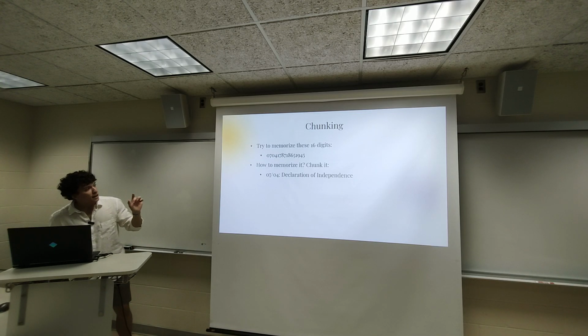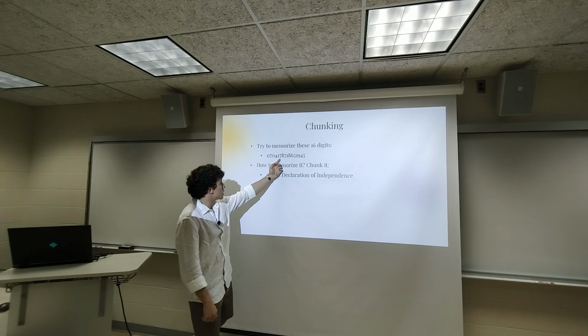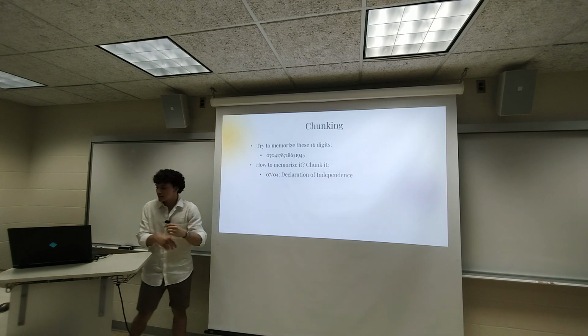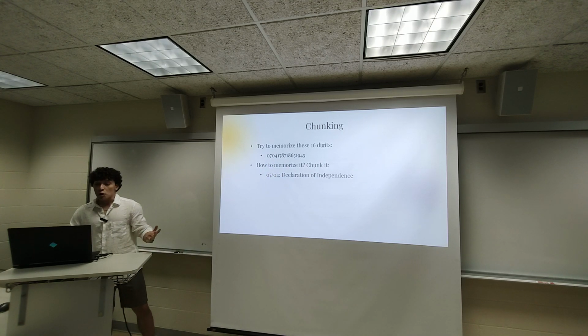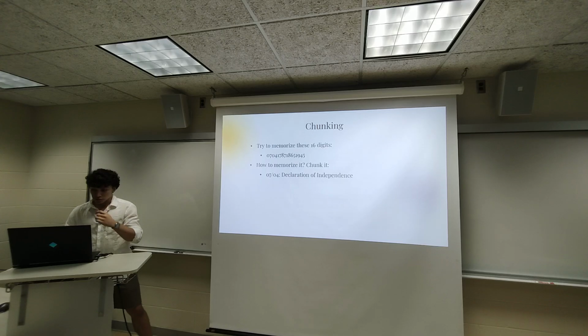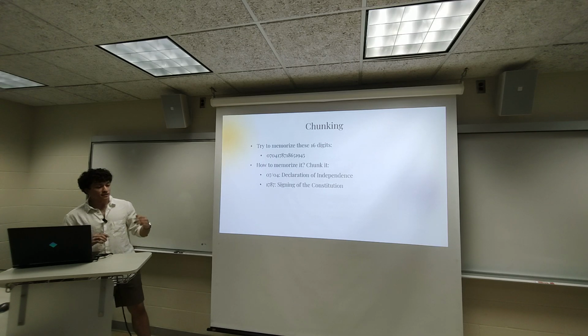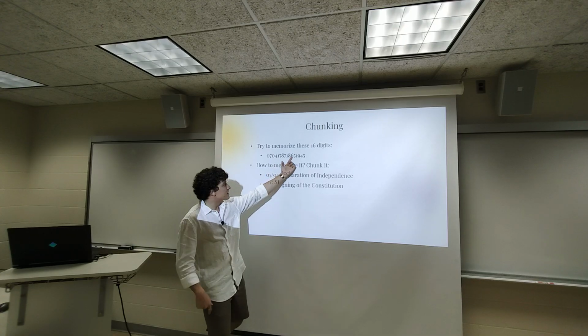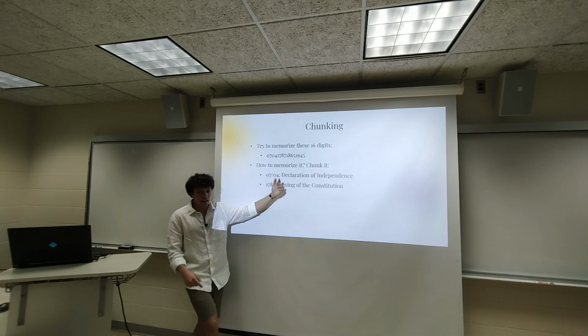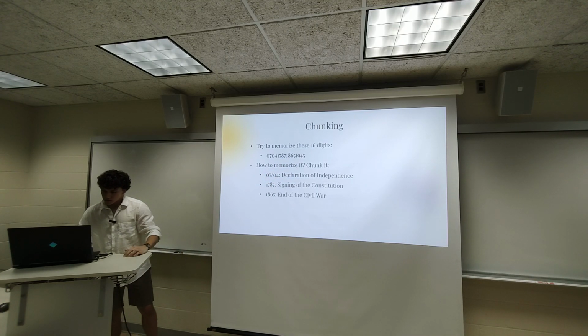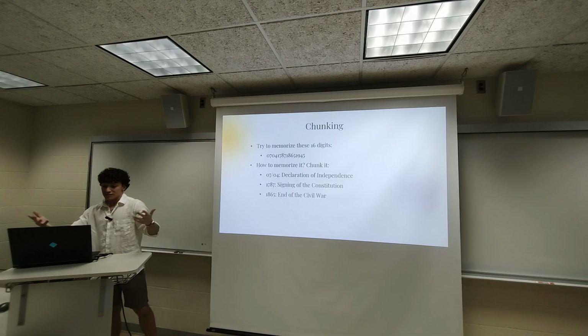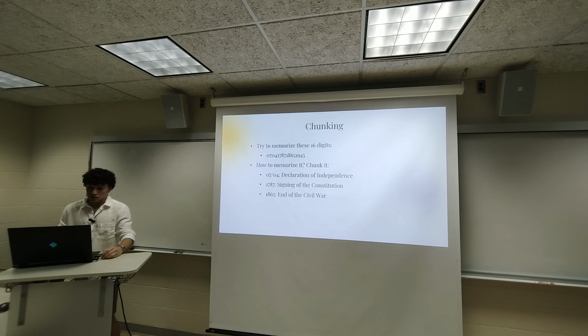After 0704, you get 1787, and possibly, depending on your exposure to history, you may remember, well, that's the signing of the Constitution. If you get to 1865, which is the next one, maybe you remember that's the end of the Civil War.